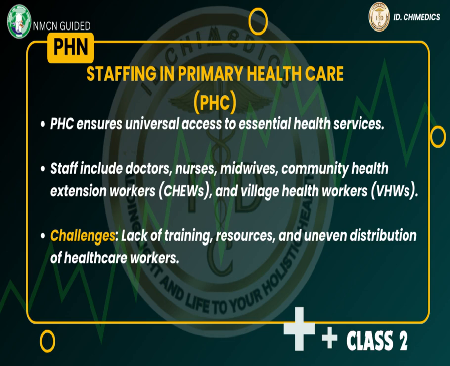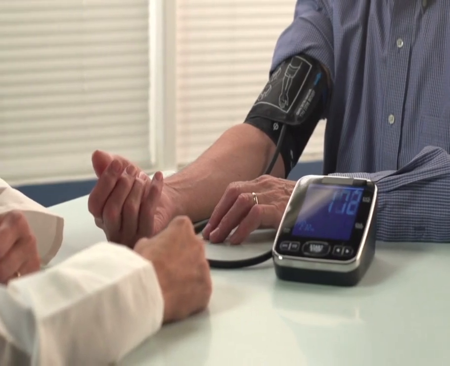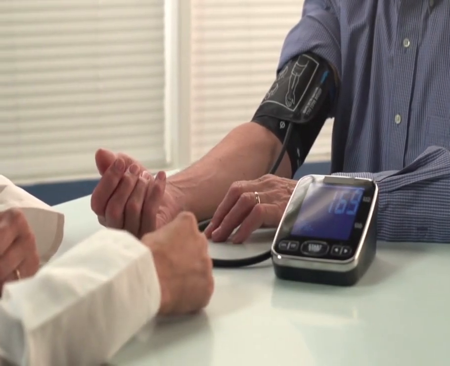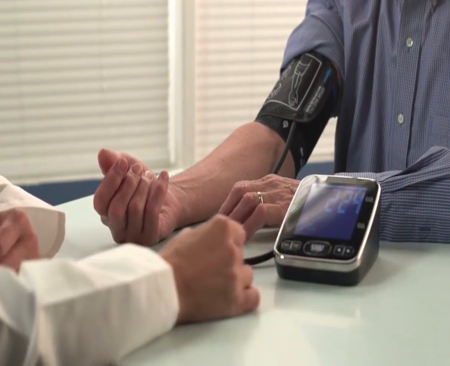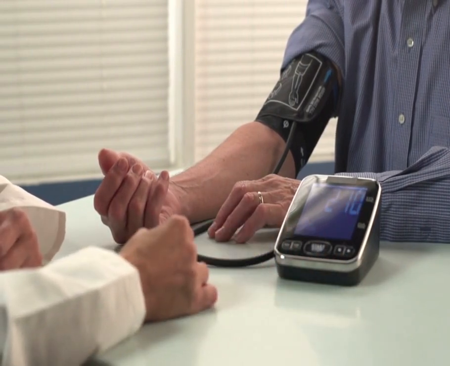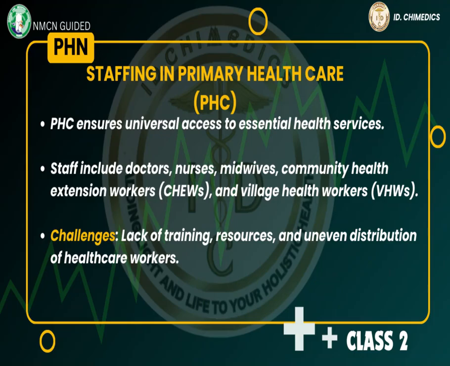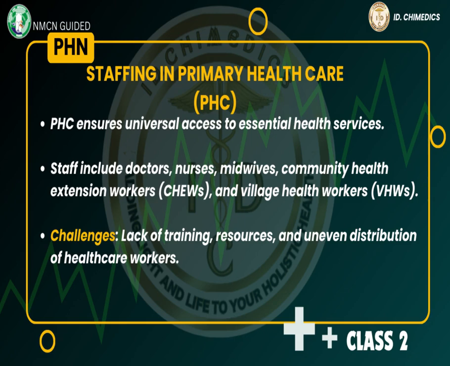They have to come together and bring about brainstorming to ensure optimal health outcomes of community individuals. And who are these healthcare providers? Number one is the doctors, the nurses, the midwives, and even the other healthcare professionals. They provide clinical care.